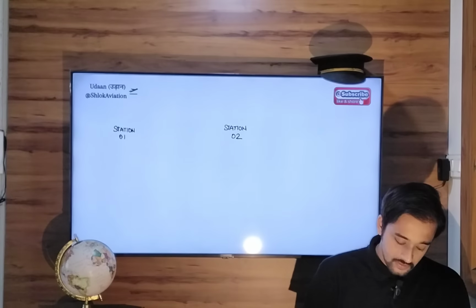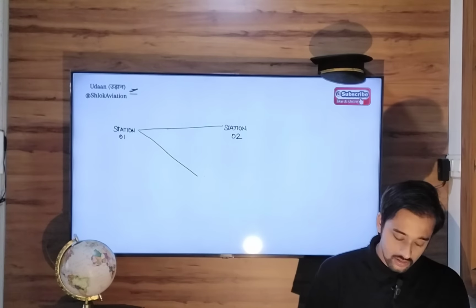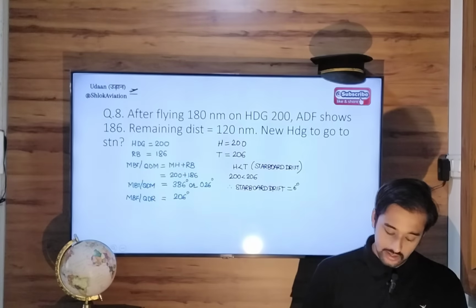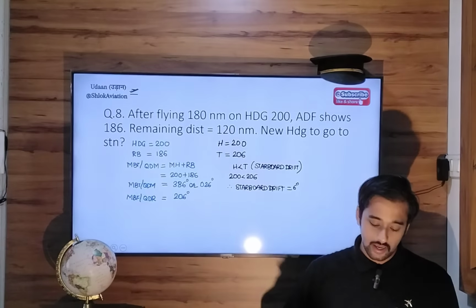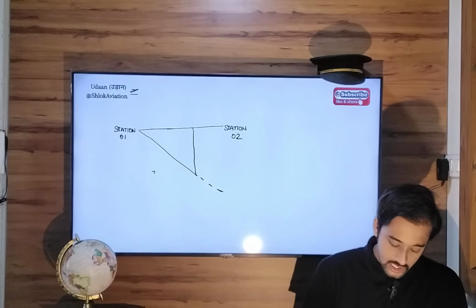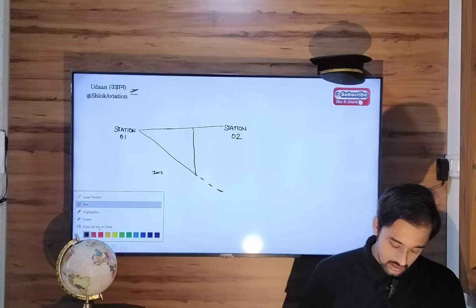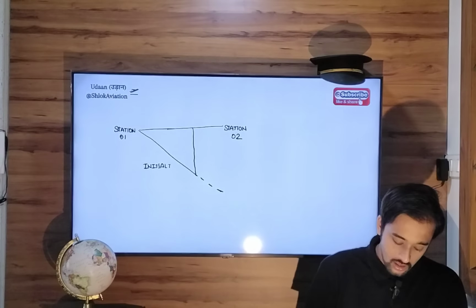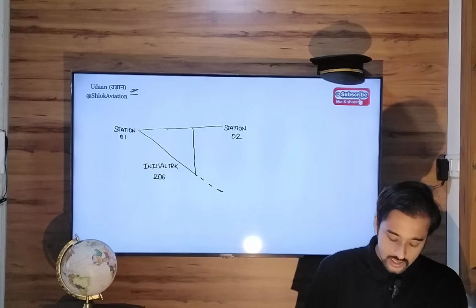So let's draw the triangle first. You have station 1, station 2, okay. So currently your track is what? You are on a track of 206 degrees. Initial track is 206 degrees.